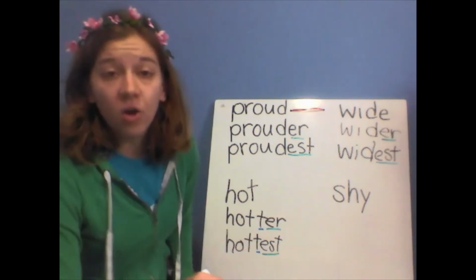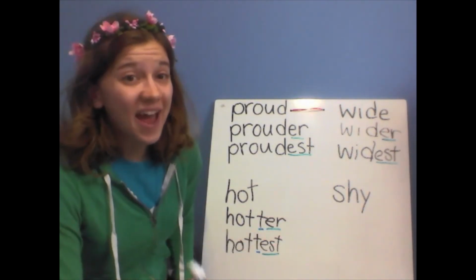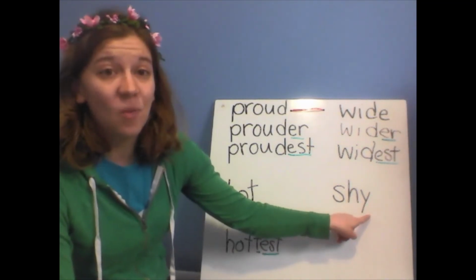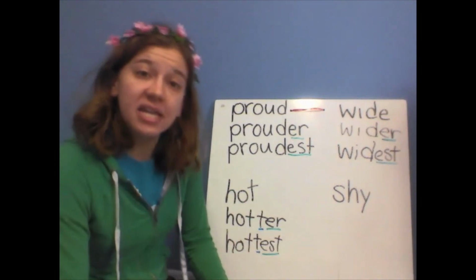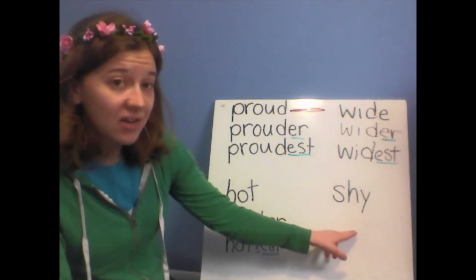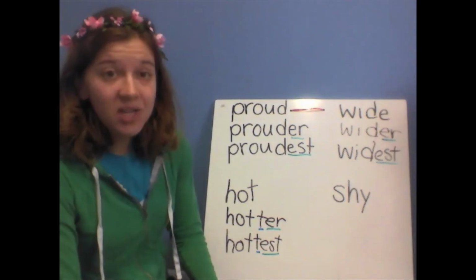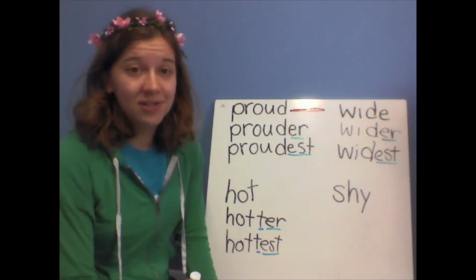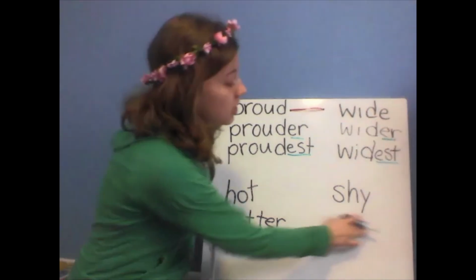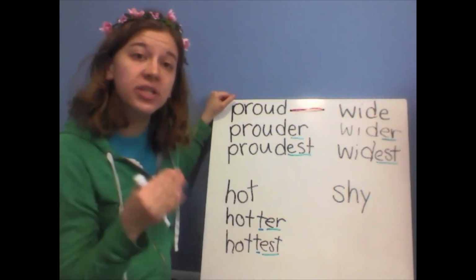Okay, now let's move on to shy. All right, take a look at shy. What does it have at the end of the word? Y. And remember, if we add an ending like ER or EST to a word that ends with Y, we have to change the Y to an I. Okay? Remember that? We talked about that yesterday. So, it would be shy, but now we're going to say shyer.